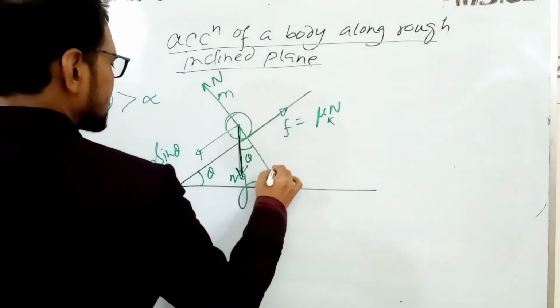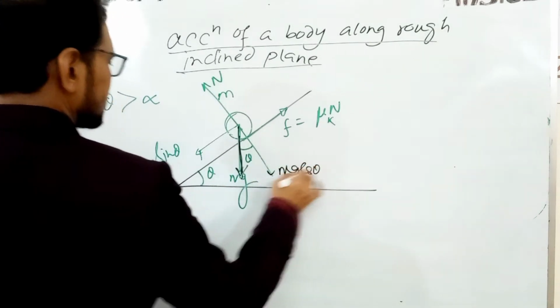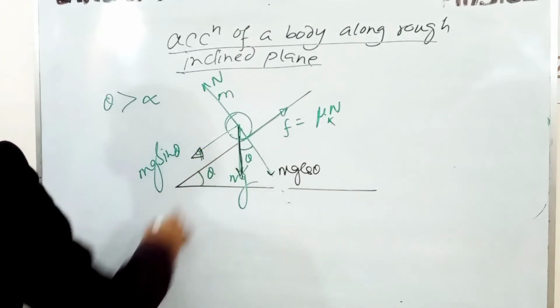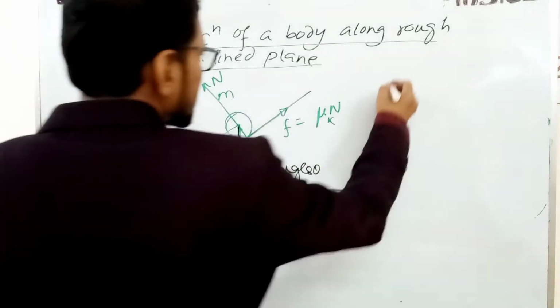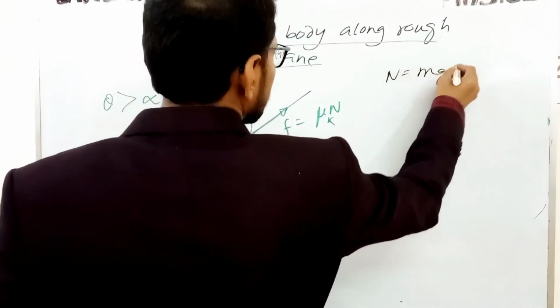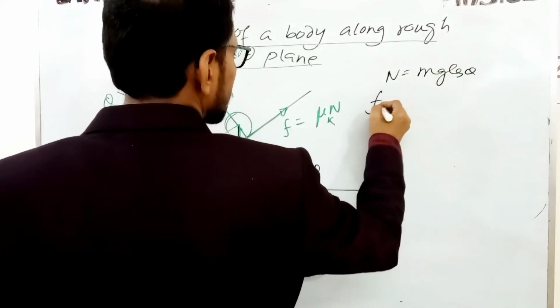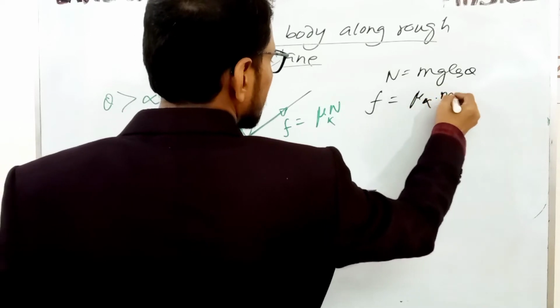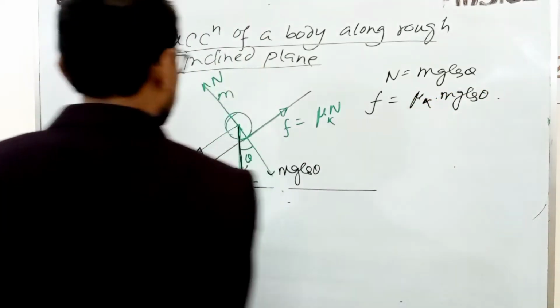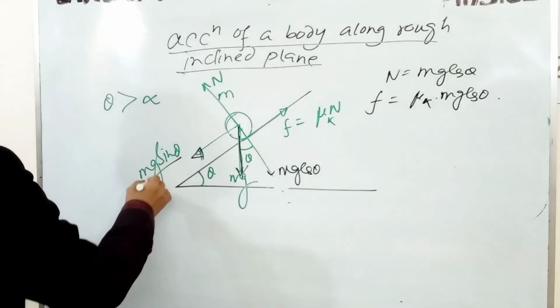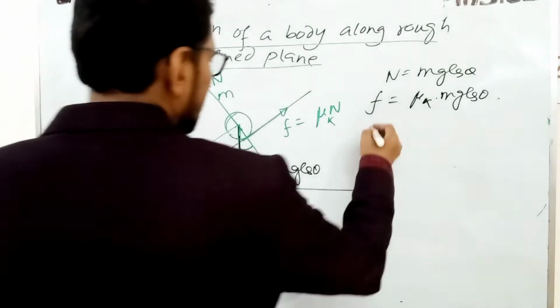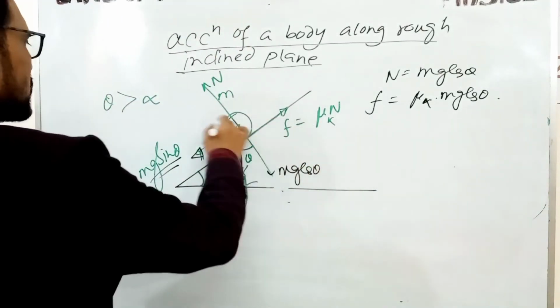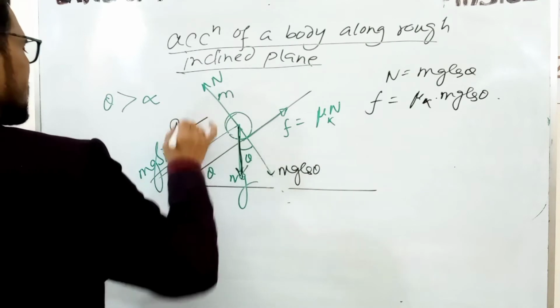So friction equal to mu k into mg cos theta. The friction force acts in this direction, mg sin theta acts in this direction. Now mg sin theta is greater than the friction force, so the body accelerates downward.